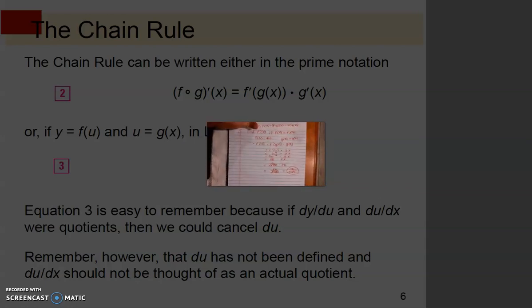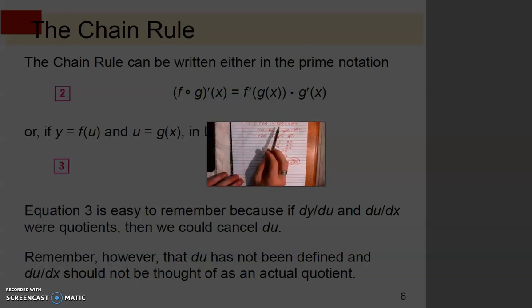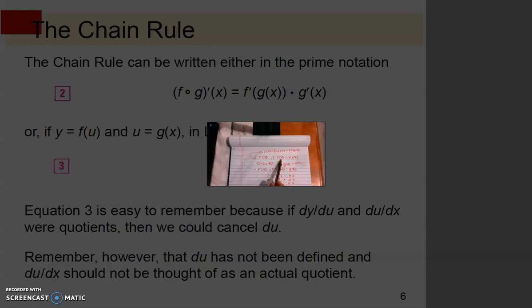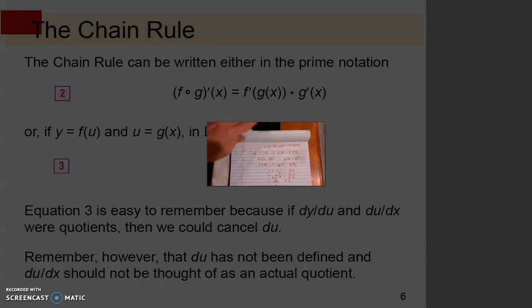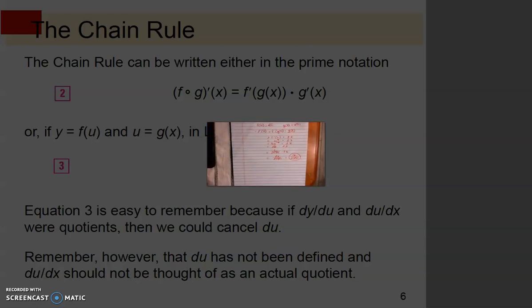Let me pull it up so we can see the whole thing. This is the derivative of the function f of x equals the square root of x squared plus 1.